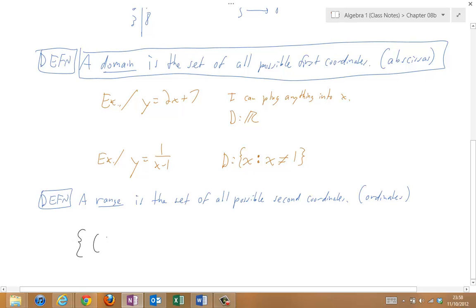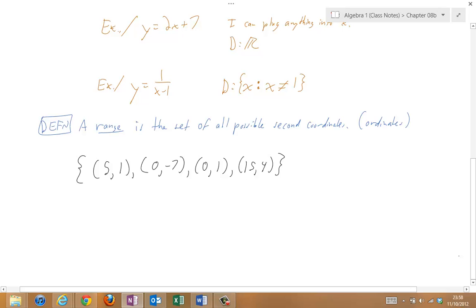Okay, big example here. I'm going to do the ordered pairs (5, 0), (0, -7), (0, 1), and (15, 4). Those are 4 ordered pairs, and I put those ordered pairs in set notation. You can actually put ordered pairs in set notation, just like you can put individual numbers.